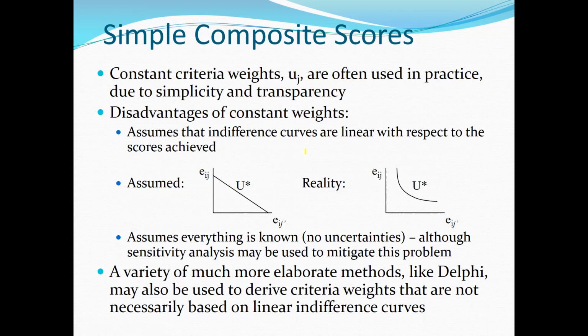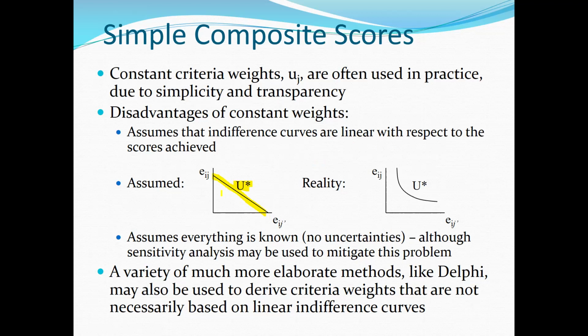Like what it assumes, if you assign a constant weight, that means you're assuming that you have a similar utility ratio. So you're assuming that the utilities are distributed in a straight line. Okay, so the slope of this line is constant, and that's why you could use a constant ratio between the two different normalized scores.